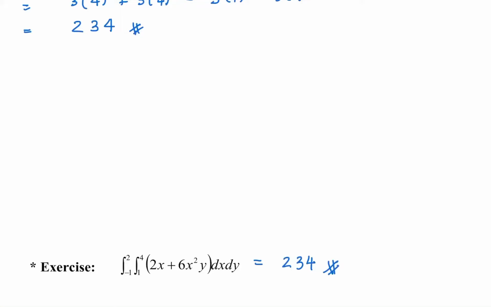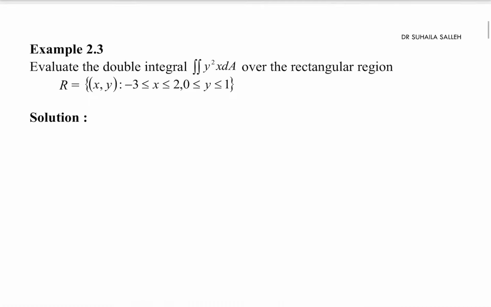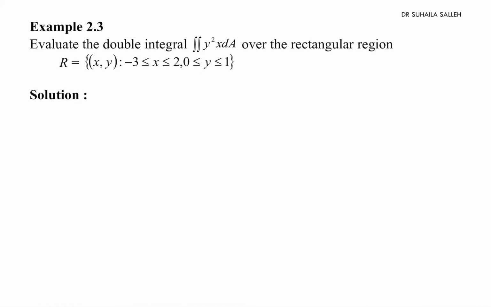Okay, now last example. Evaluate the double integral of y squared x dA over the rectangular region. Now R is given in curly brackets. Do you recall what the curly bracket means? If you recall, that means it's a set.